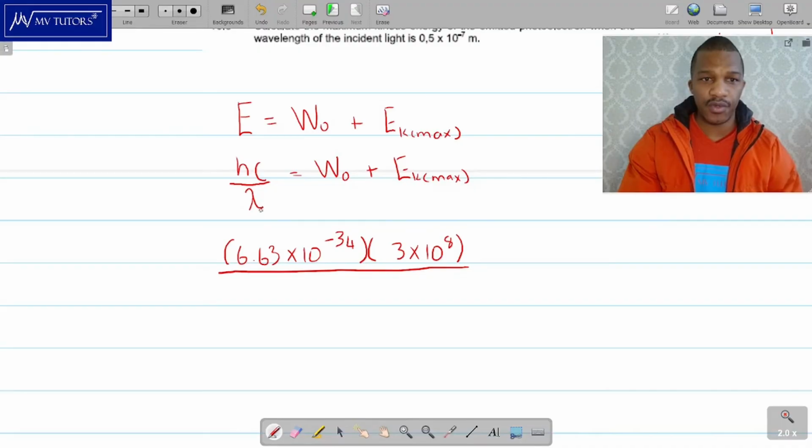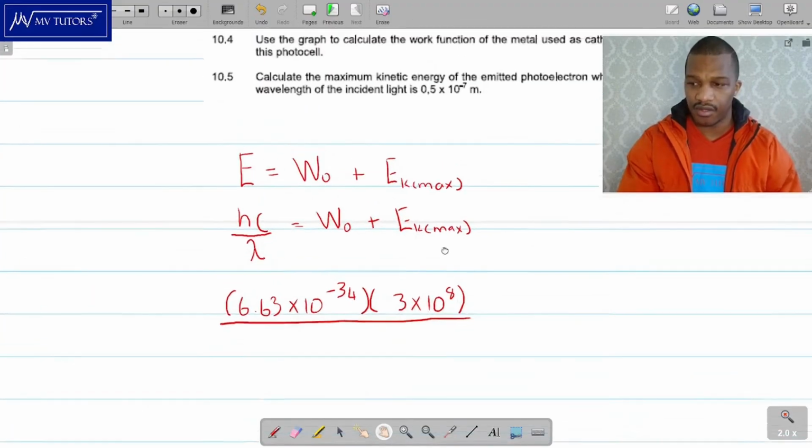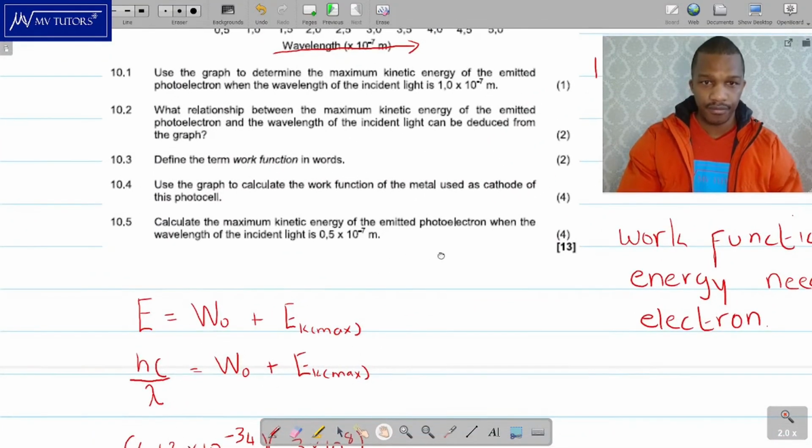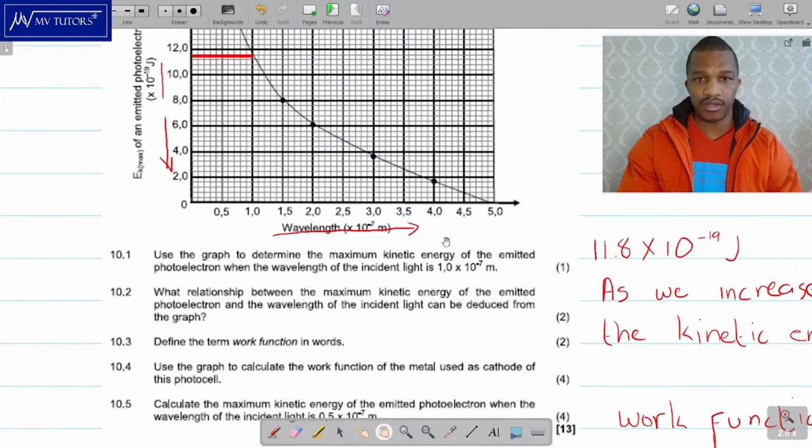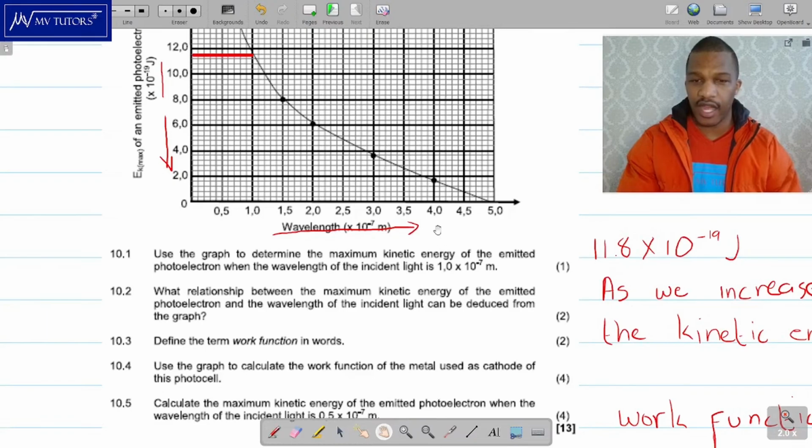Then we need to check what our lambda is from the graph. The one we are interested in is the maximum one.